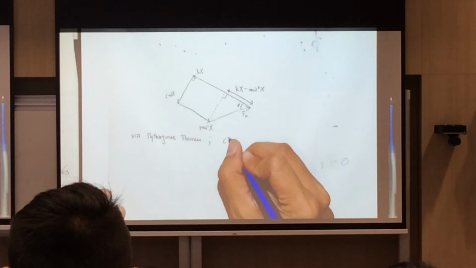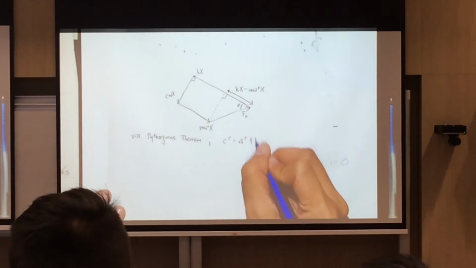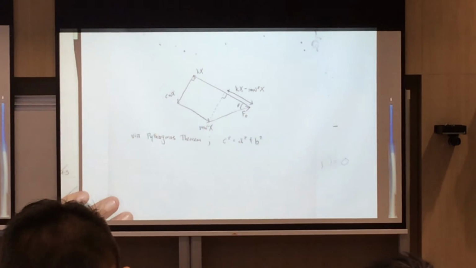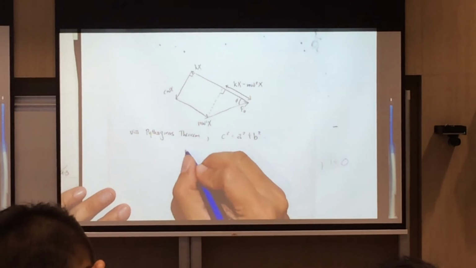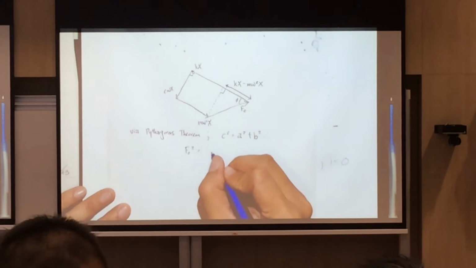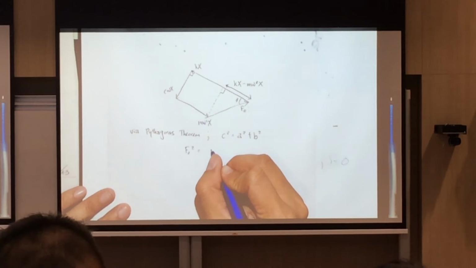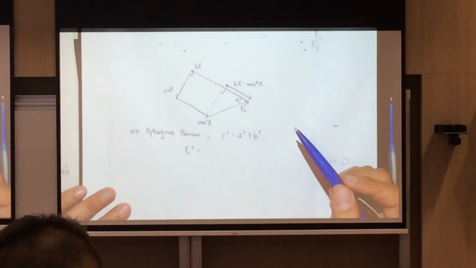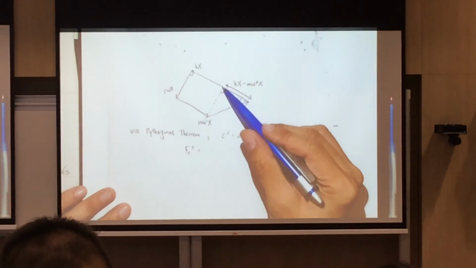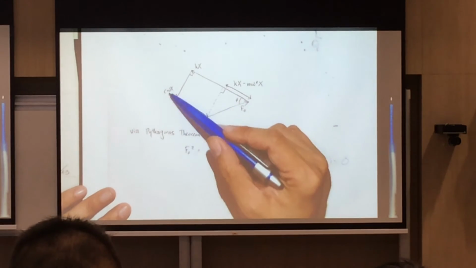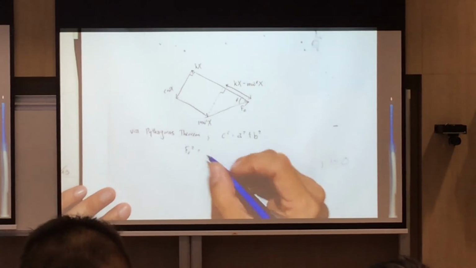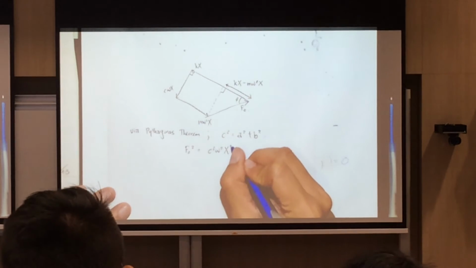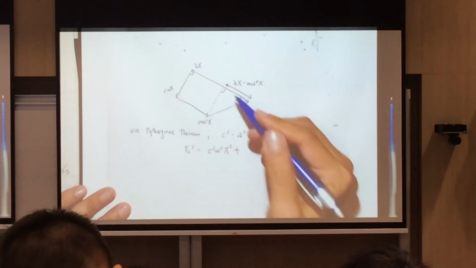Pythagoras theorem: c squared equals a squared plus b squared, where c is your hypotenuse. Now I can put in F0 squared is equal to, what's this length here? c omega x. So I have c squared omega squared x squared plus b squared.